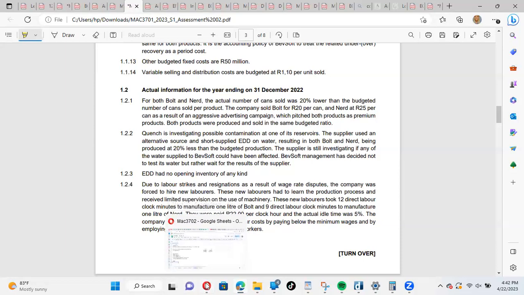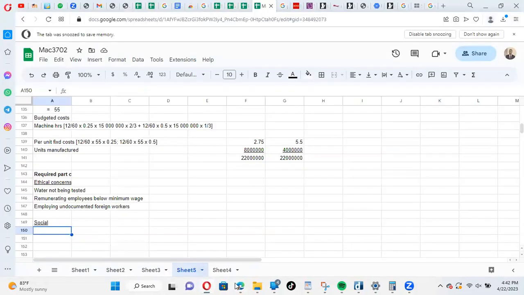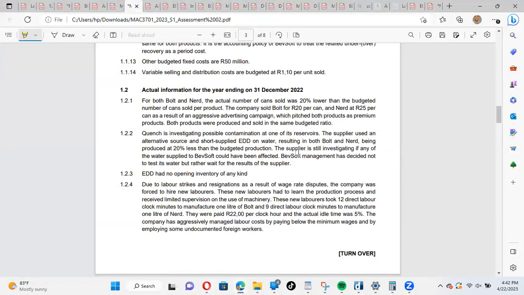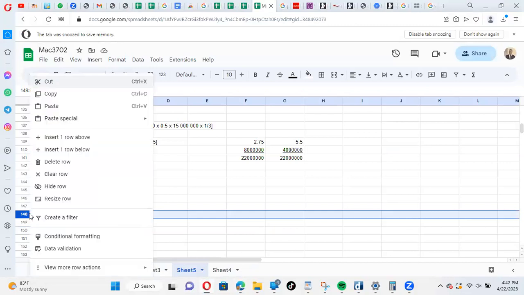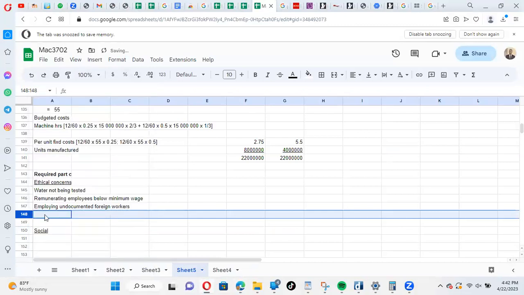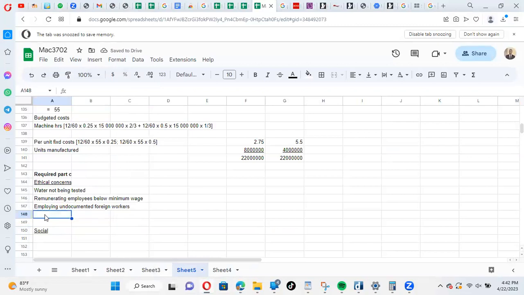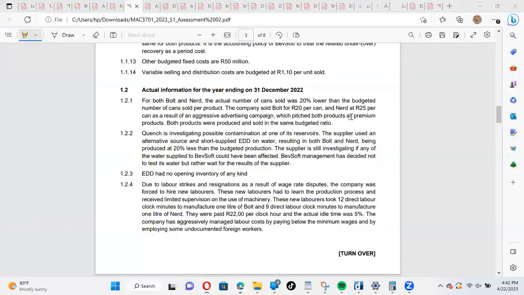Okay, with 1.2.1, doing the aggressive advertising campaign and pitching the product as premium, isn't that something that we should put? Yes. They're pitching it as premium when it is not, which is unethical. Is it false advertising? Yes, false advertising. That's ethical. Is it social also? I think this one can apply on both.